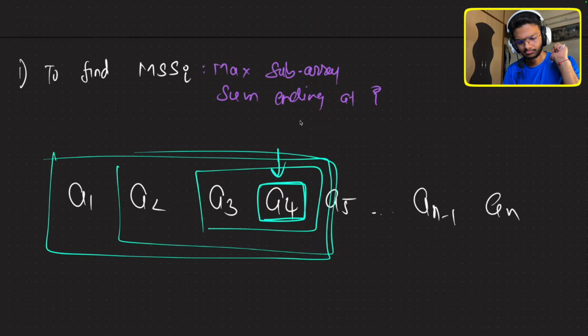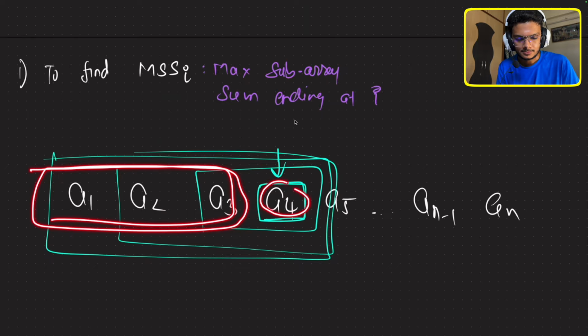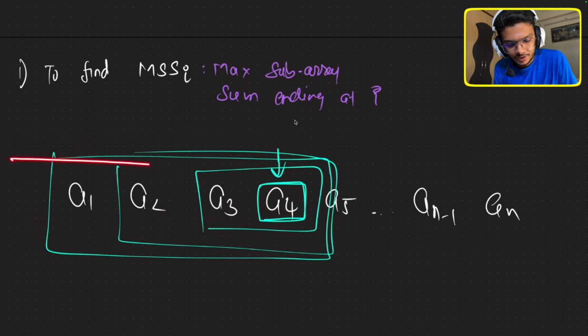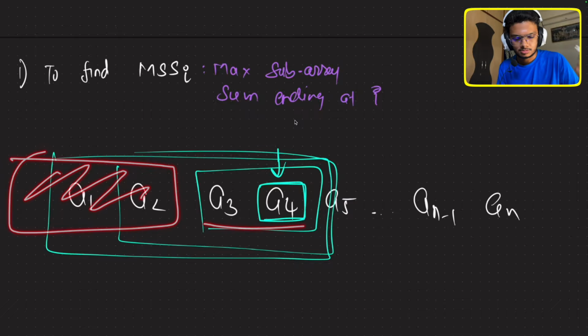Okay. Hear me out very attentively. The candidate array which yields the maximum subarray sum ending at index 4 can be formed by either removing all of these guys, so that you get A4, right? Or by removing just these two guys, so it will be A3, A4, okay?